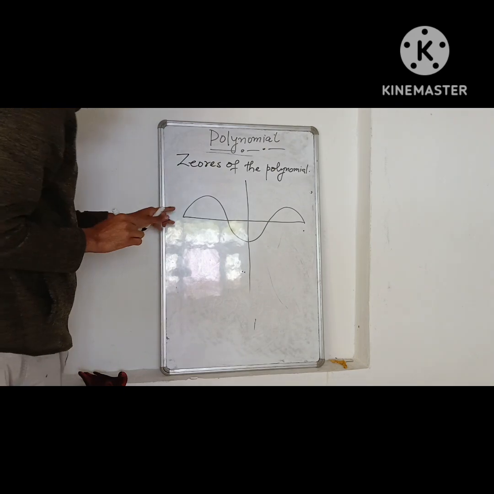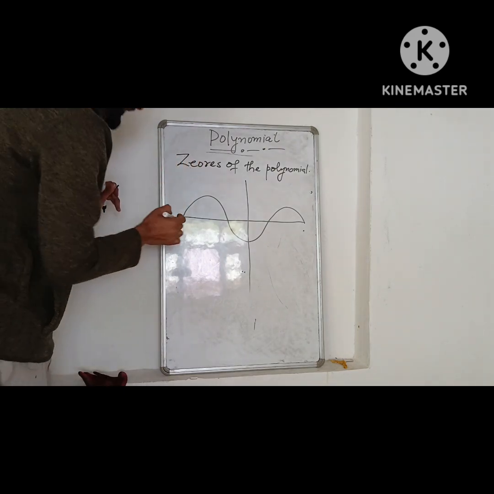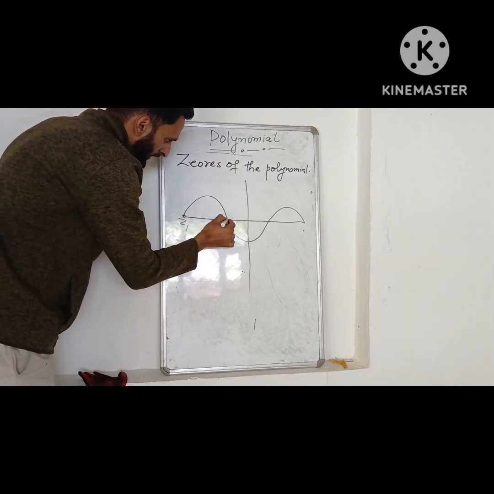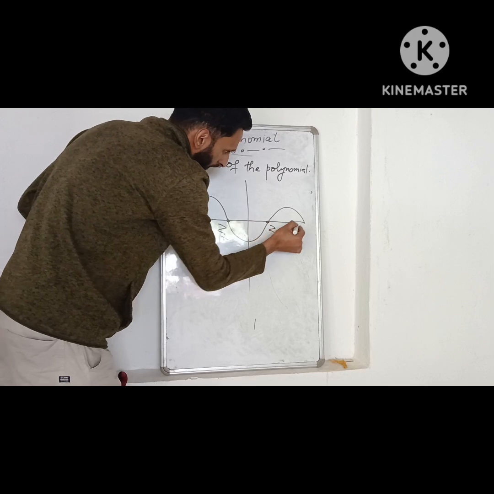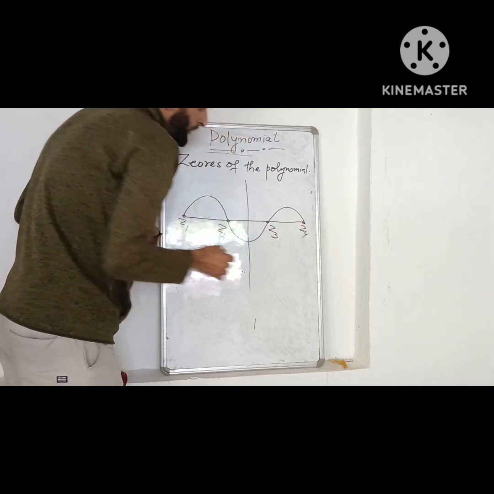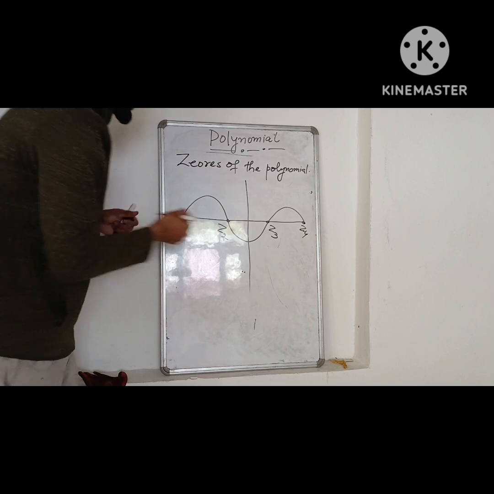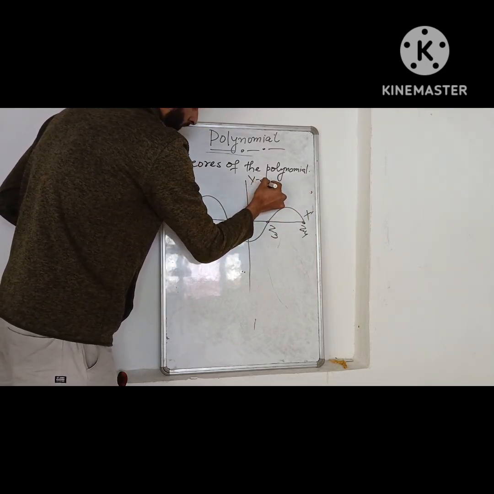Okay. Say I will take another example. See, listen. This is a graph of some polynomial, and this graph cuts the x-axis at z1, z2, z3, and z4. At 4 points, the graph cuts the x-axis. This is my x-axis. This is my y-axis.